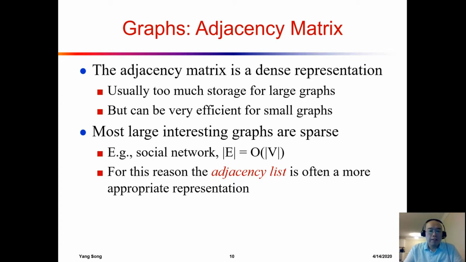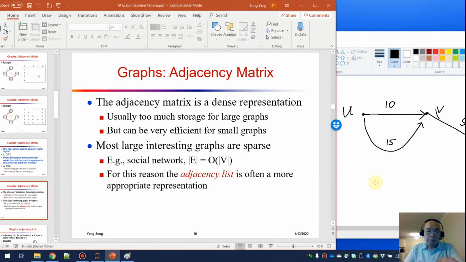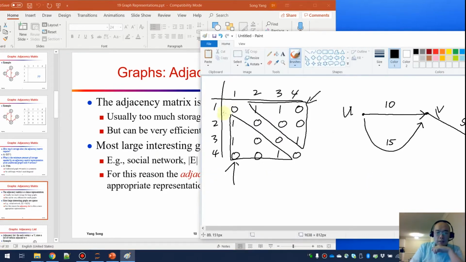In this case, the size of E is 200 times the size of V, right? That is already a big number. But in this case, this is a constant C, right?